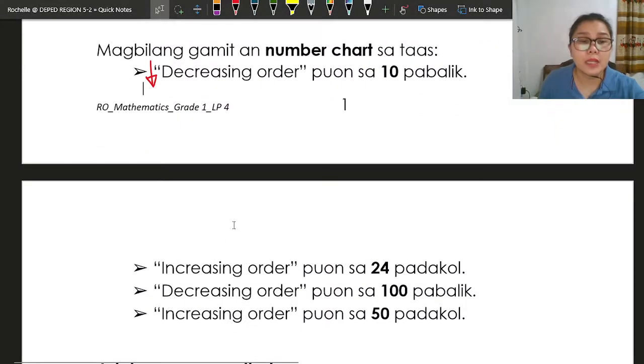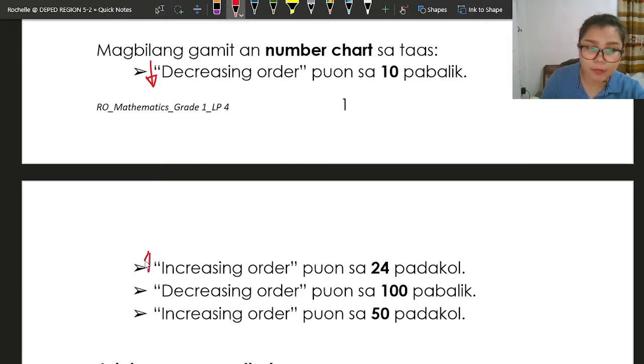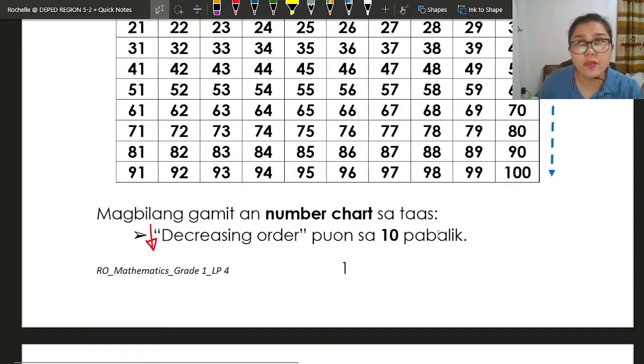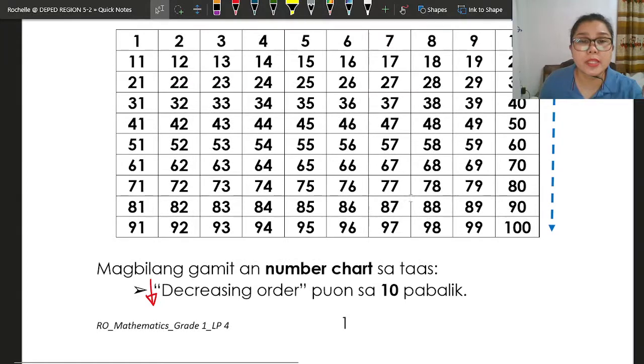And then, another instruction, increasing order starting from 24 going up. When we say increasing, it's the opposite. It starts from a lower number going up. So, beginning with 24, let's try 24 until we reach 10 steps.